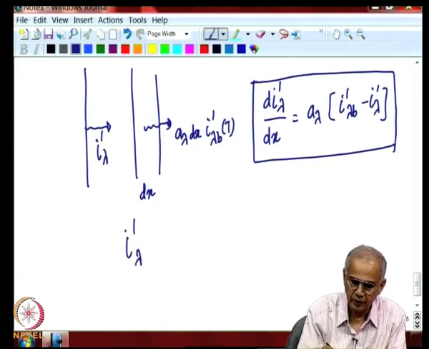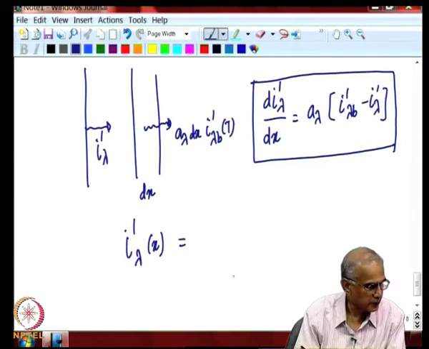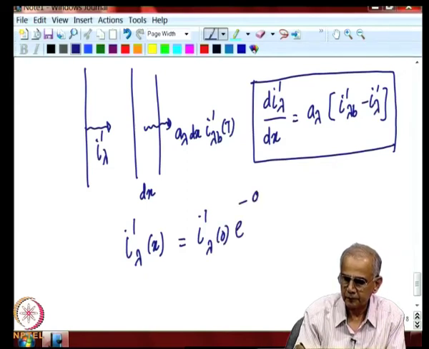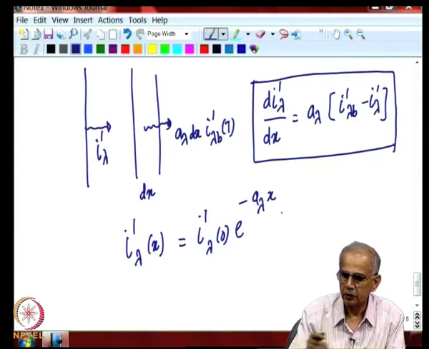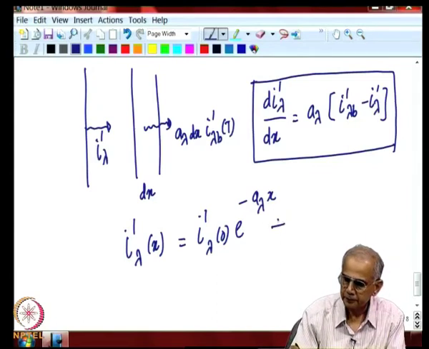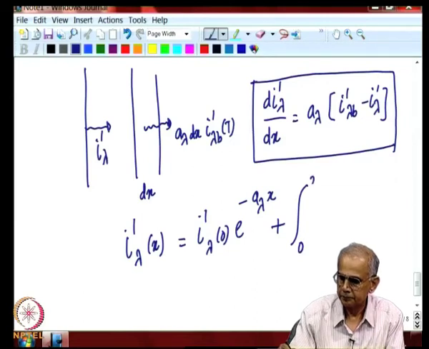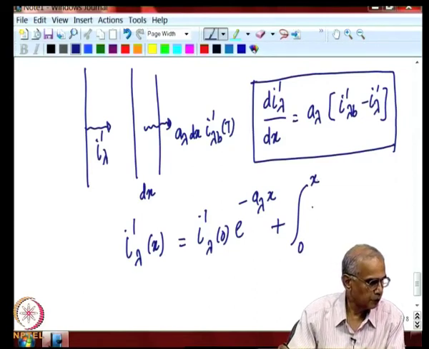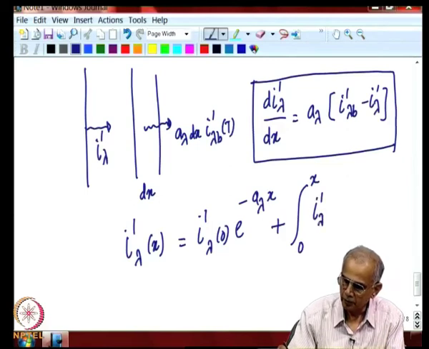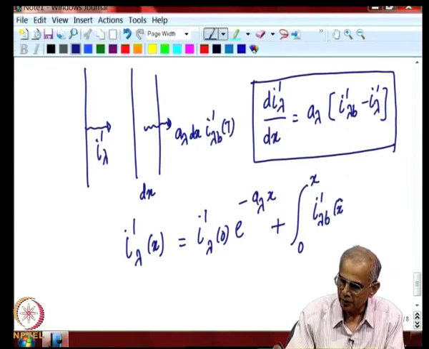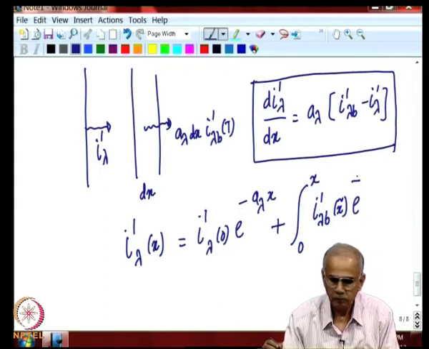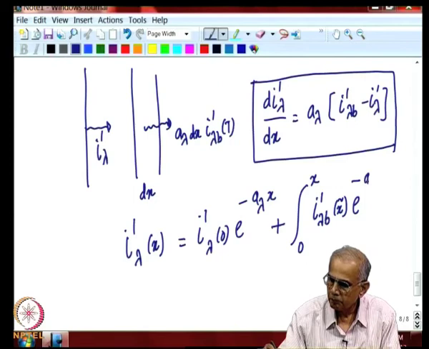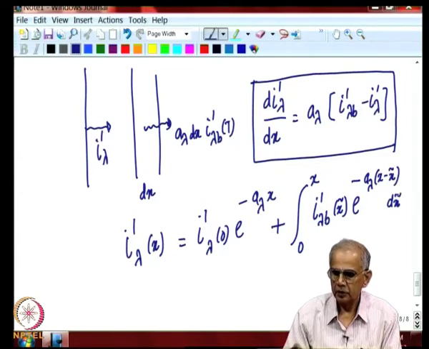So, we know that the answer will come out as I prime lambda x is equal to the first term which involves attenuation, and the second term which involves the non-homogeneous term. This is a dummy variable here. This is the solution to that equation.